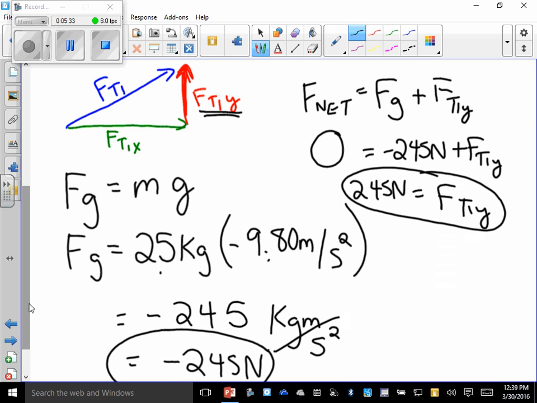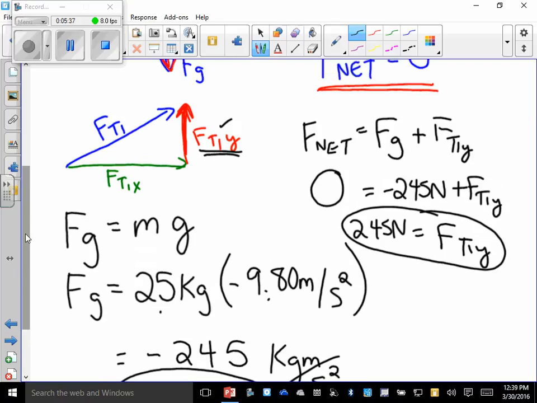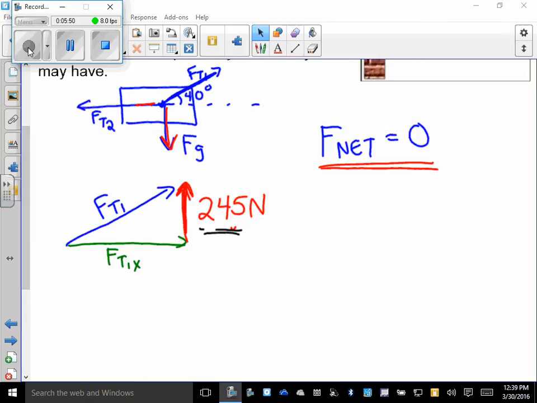Okay, so I basically have this diagram and now I know this value. So let's change that to be 245 newtons. I just did some erasing there to make it look a little better. Okay, so can I now find anything else? We know this is 40.